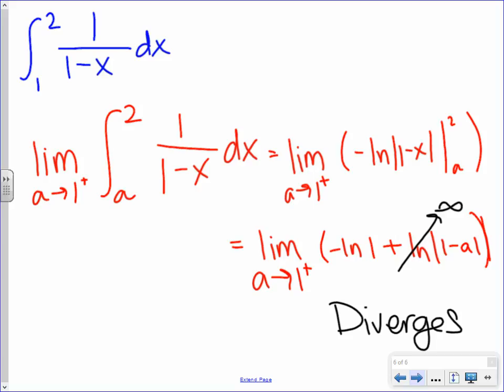A divergent integral is divergent, so does that mean that limit just equals infinity?